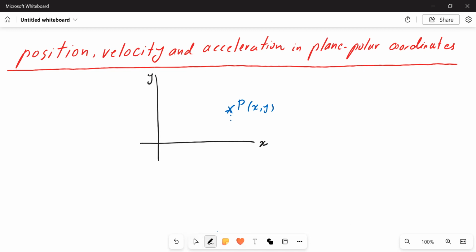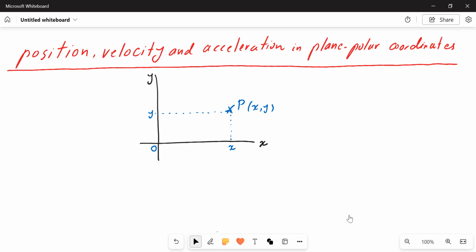x would be the horizontal distance of this point to the center of our coordinate system, the origin, and y would be the vertical component, or the vertical distance, of that point P from the origin. Now, in order to transfer to the polar system, instead of two distances, we need a distance and an angle.